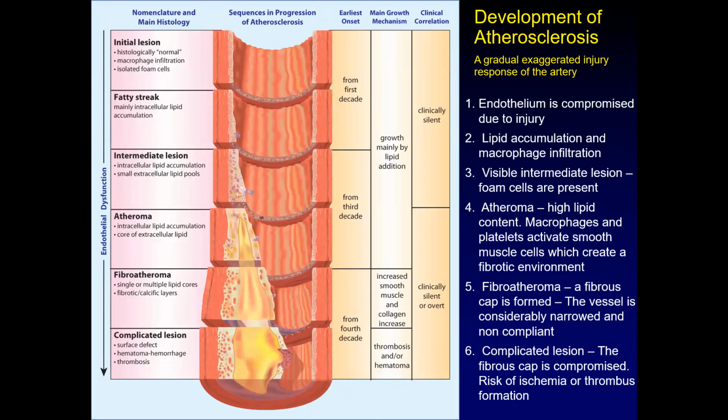As that progresses, and this is into your 30s and 40s, you may then move your atheroma into something called a fibroatheroma, which is the final thing: we can't get this off, so let's put a fibrous cap on top of all of it and try to cap it off again and not have to deal with it. The problem is that once we've done all of this, there's already been significant narrowing of this artery.